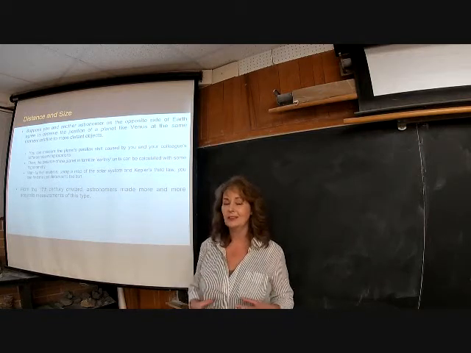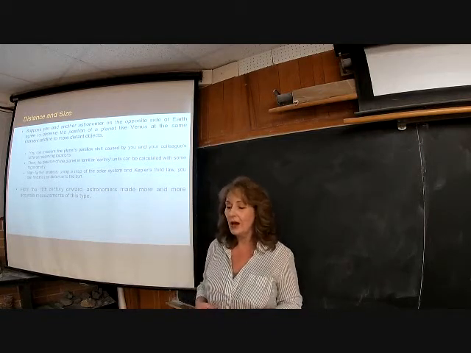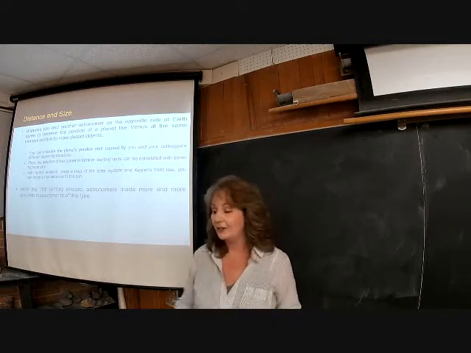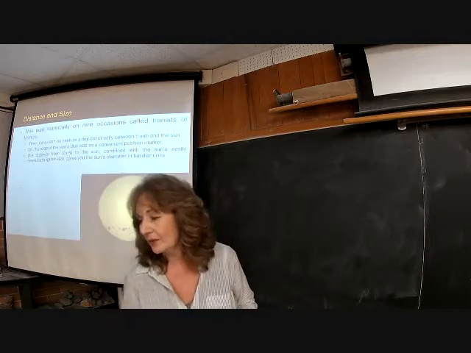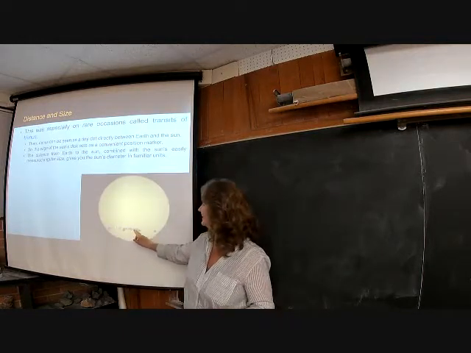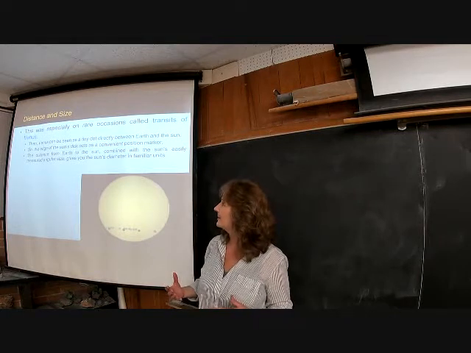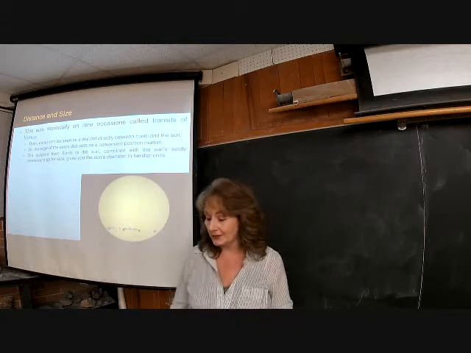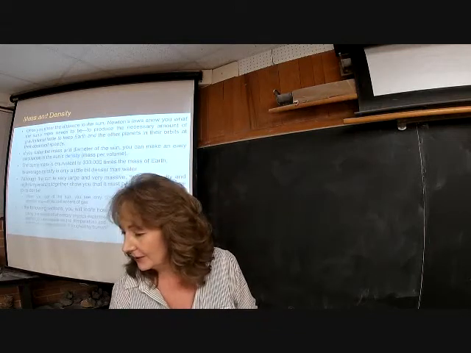And so all of these physical properties together, we can determine the density of the sun. This is mentioning the transits of Venus, so you can track it and get the sun's diameter worked out nicely in some familiar units.